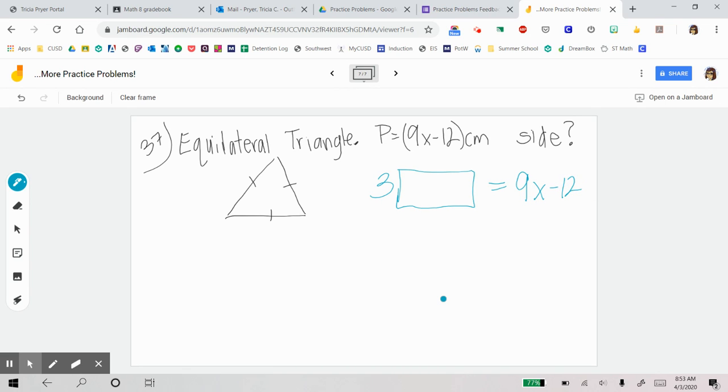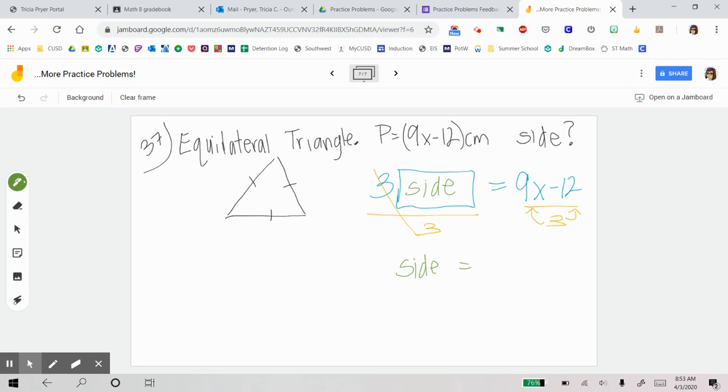Well, if I'm trying to figure out what the side is here, if that's what this missing box is, the side of the triangle, then in order to solve for that, I can divide both sides by 3. These cancel, and then I'm distributing that 3 to all of the terms. So then I would get just the side of the triangle by itself.